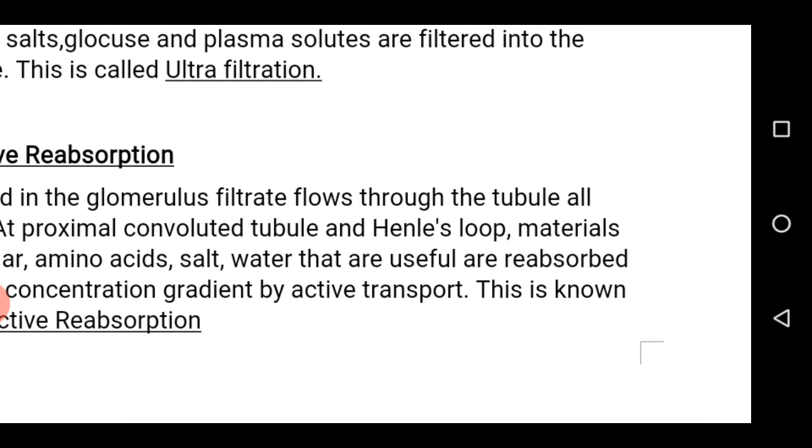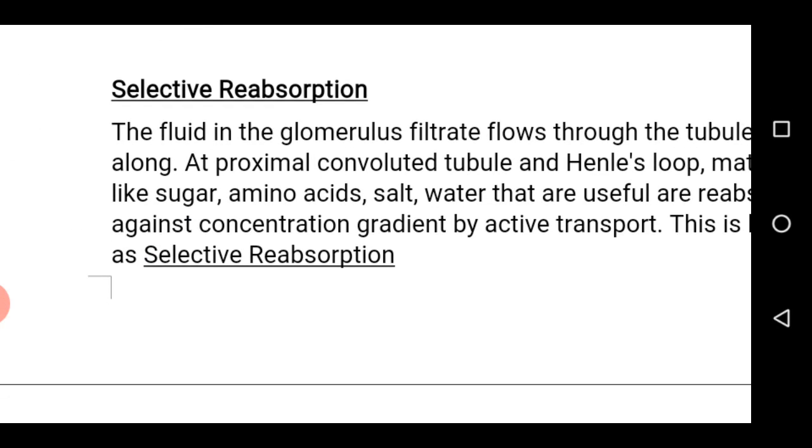I believe you know what active transport is. We have mentioned it sometimes. So this process is known as selective reabsorption.